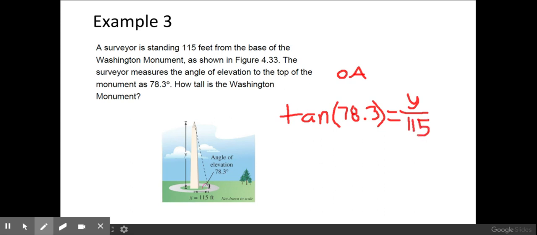So now to solve this problem, I want to get y alone. Right now it's being divided by 115, so I need to multiply both sides by 115 to get y alone.